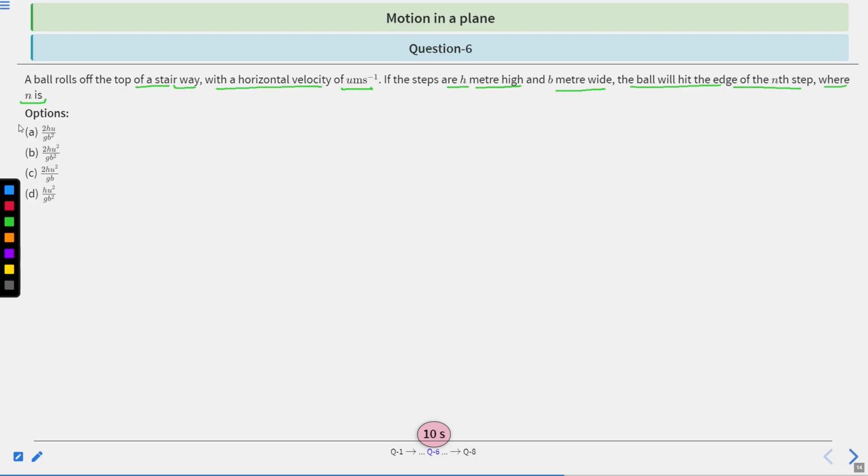Option A is 2hu upon gv square, option B is 2hu square upon gv square, option C is 2hu square upon gv, and option D is hu square upon gv square. Which one is correct? You have 10 seconds to solve this question. After it, we will provide the solution.